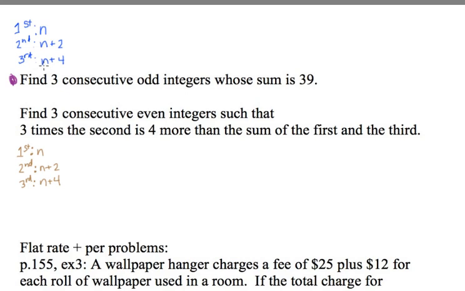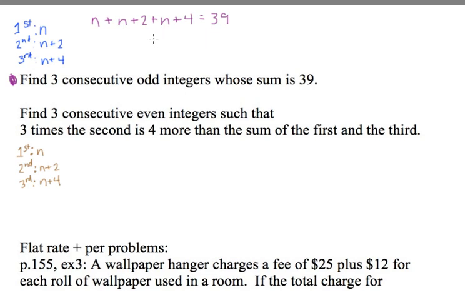So if their sum is 39, that means that when you add the first one, n, plus the second one, n plus 2, plus the third one, n plus 4, you'll get 39. So now when I solve for n, I'll be solving for the first number.